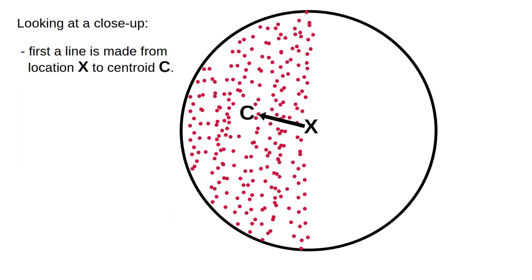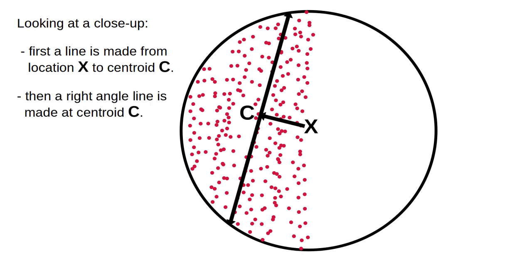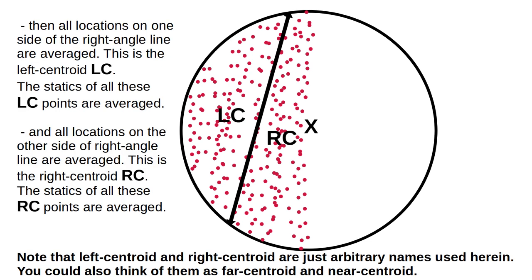Looking at a close-up, first a line is made from location X to centroid C. Then a right angle line is made at centroid C. Then all locations on one side of the right angle line are averaged. This is the left centroid LC.